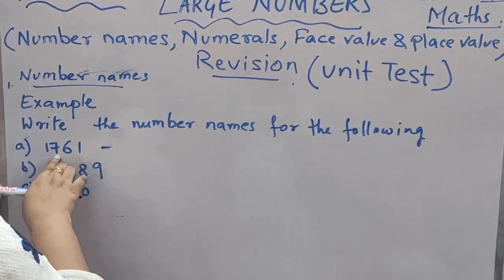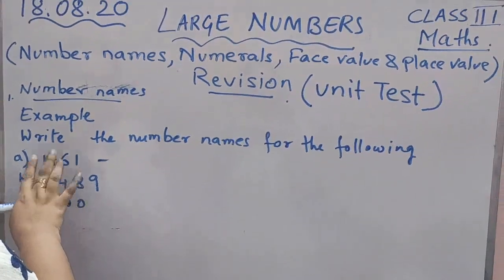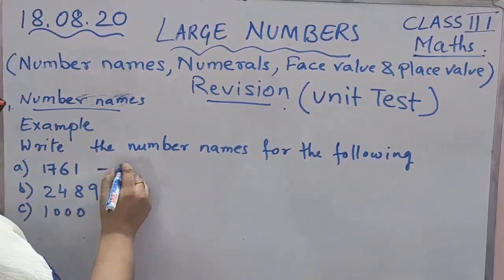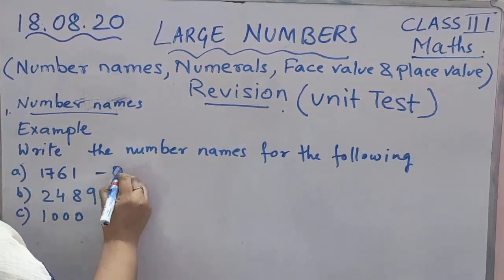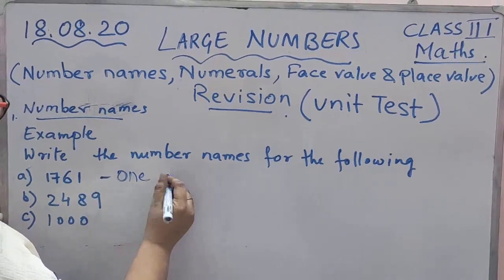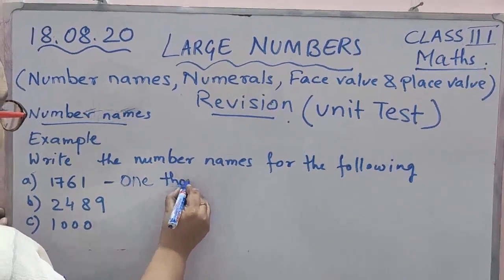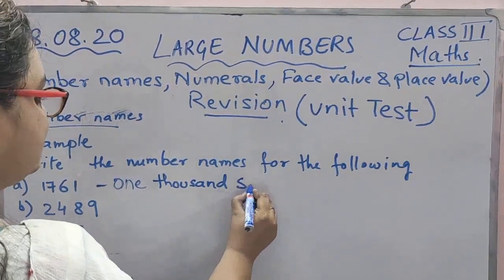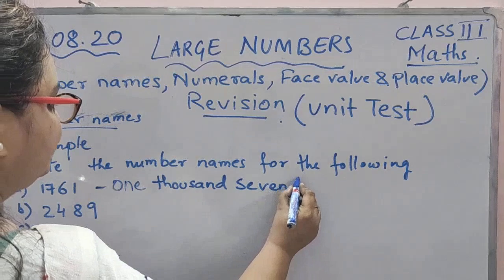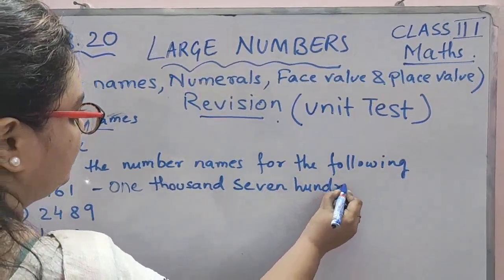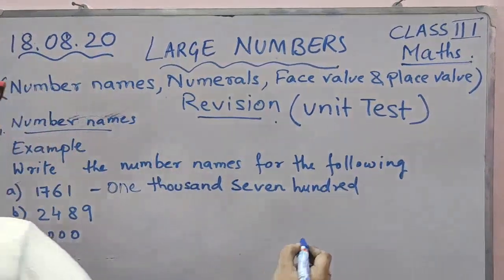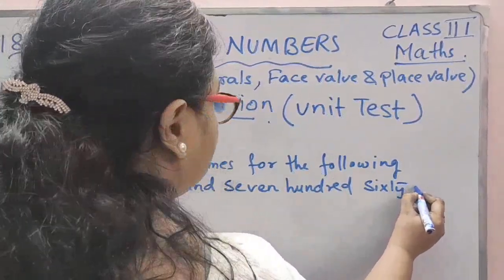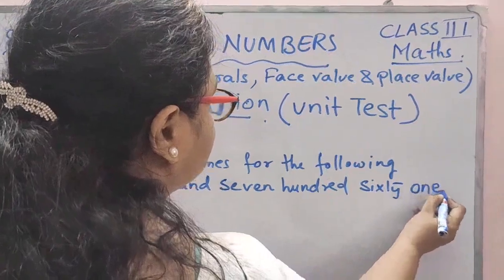So how many digits are here? Here is 1, 2, 3, 4. So means 4 digits are there. Ones, tens, 100, 1000. So you have to start with 1000. Here is 1. So we write 1,000. 700, 60, 1.